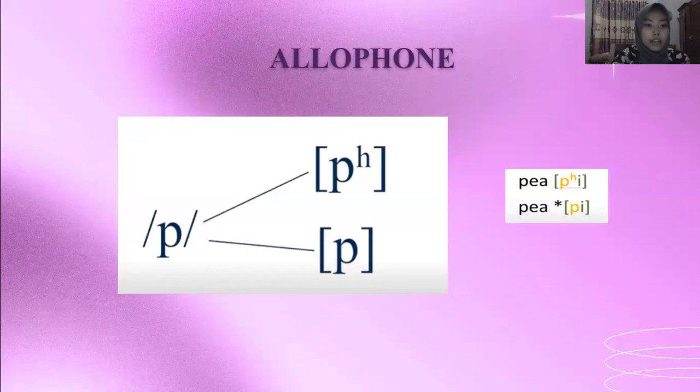But if you just get rid of the aspiration here, it makes it sound quite weird since people usually say it with aspiration. But the point here is that even if you do not aspirate it, you don't get a new word or new meaning. It still has the same meaning. So basically, aspirated p and unaspirated p are not two different phonemes in English. They come from the same family of phoneme.